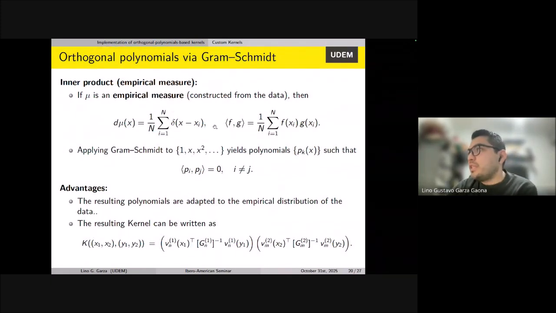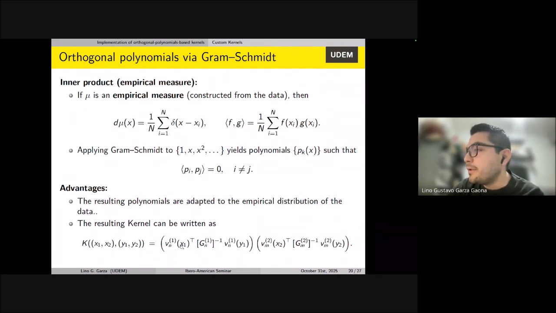You first take a percentage of the whole points set, and you construct the measure. You construct an inner product with that measure, and apply Gram-Schmidt. With those polynomials, you can construct a kernel in this way. This is the Gram matrix.